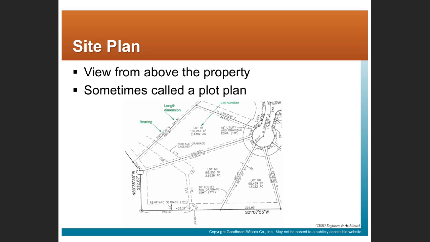This line here is the property line, and recall that it's described with a bearing and a dimension. Right, bearing is its compass direction, and length is the length of that particular piece of the property line.